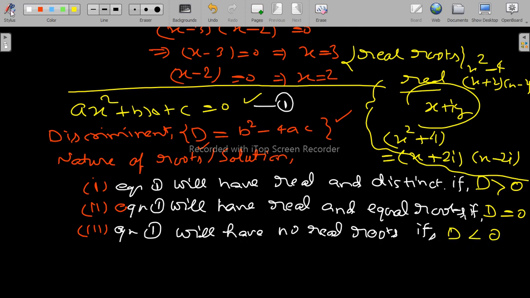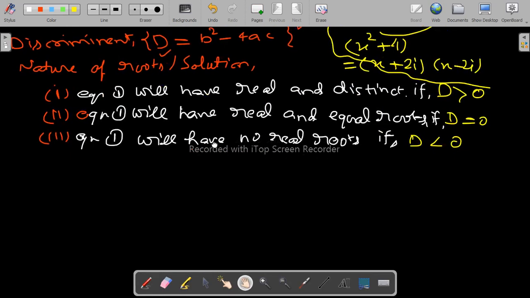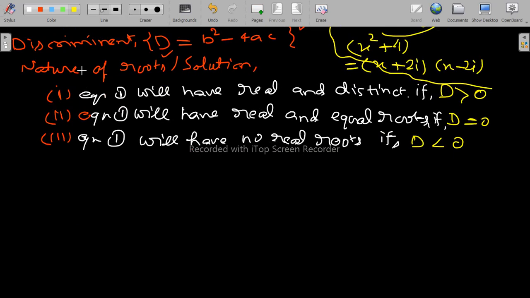Now let's take some examples and discuss how it works. Let's take one example. Suppose I have taken 2x square plus 5x plus 3 equal to 0. If we find the discriminant here, we know this is a, this is b, and this constant term is c.